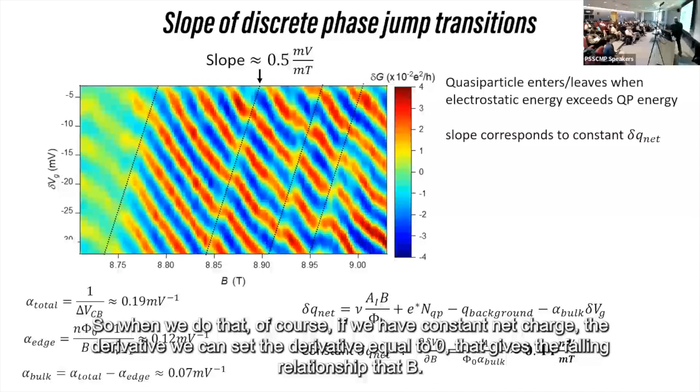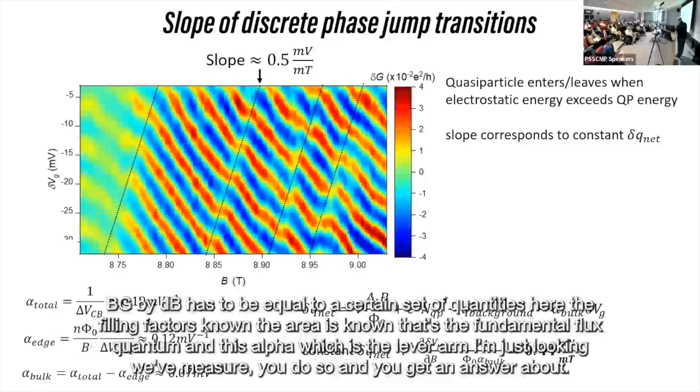So when we do that, of course, if we have constant net charge, we can set the derivative equal to 0. That gives the following relationship, that dg/dV has to be equal to a certain set of quantities here. The filling factor is known, the area is known. That's the fundamental flux quantum.